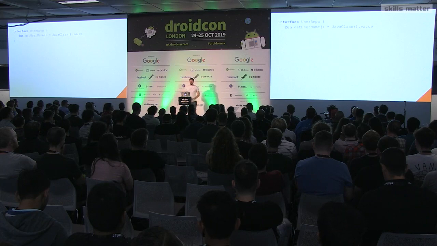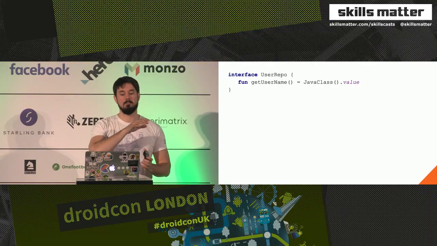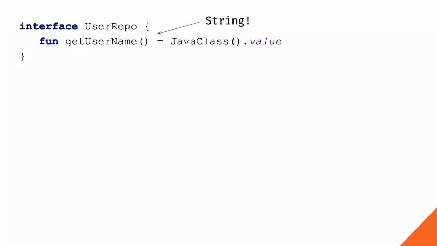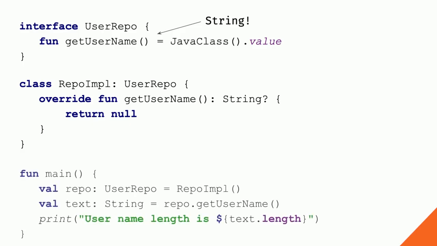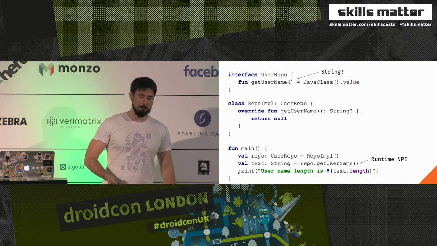An extreme case when we propagate platform types is when we infer it into the result type of a method in an interface. So this is a platform type, so we can still decide if it is nullable or not null. On the declaration side, we might decide it's nullable and return null. On the use side, we might decide it's not nullable and use it directly and have runtime null pointer exception, with null produced in Java and consumed in Java.